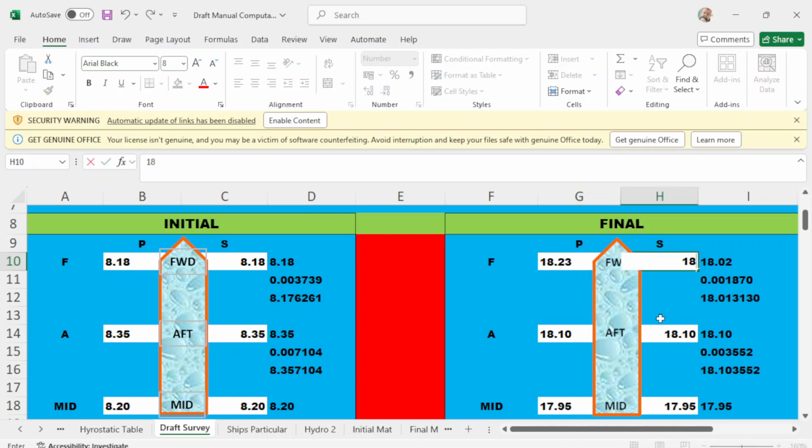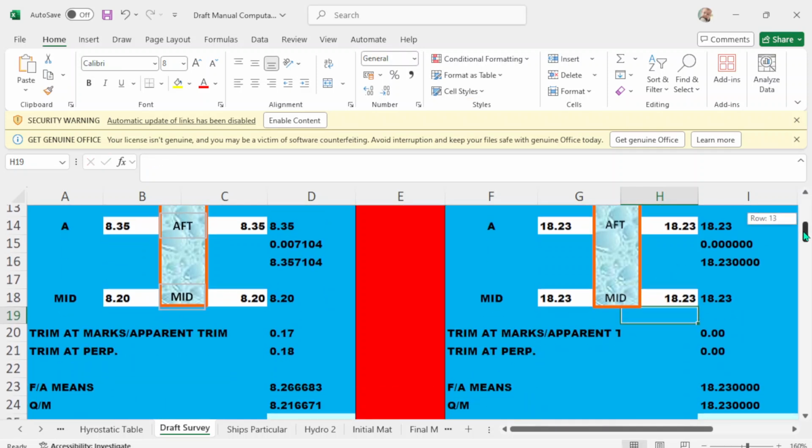Starboard is 18.23. And your aft is 18.23. And your aft starboard is 18.23. And your mid port is 18.23. And your mid starboard is 18.23. Okay.